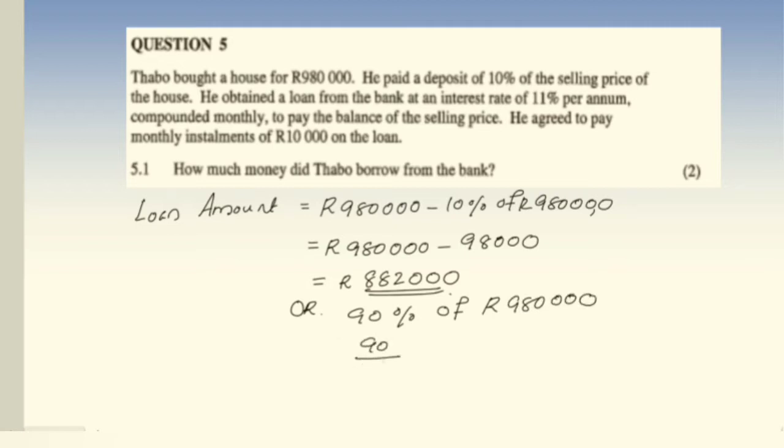We can write 90 over 100 or 0,9 times 980,000. So straight away you will get the answer, 882,000. Is it clear? It's a very easy question because he paid 10% as deposit. Now we can go to the next question.